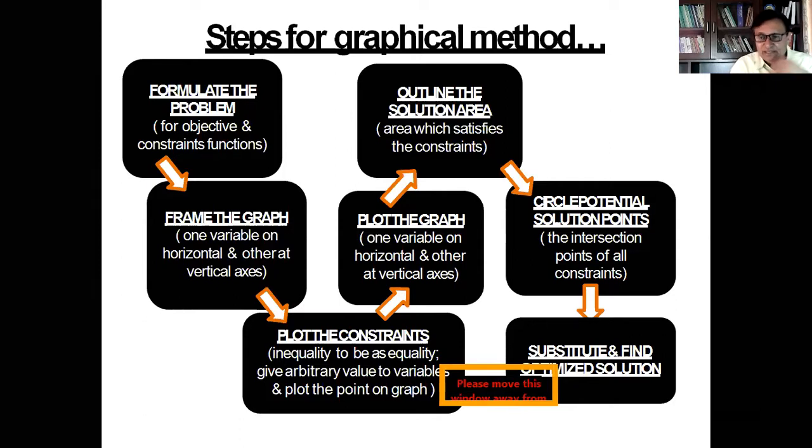That means putting one variable as 0 and finding the value of the other in each constraint. For example, if two variables x1 and x2 are there, putting x1 as 0 you will find the value of x2, putting x2 as 0 you will find the value of x1, and plot these.